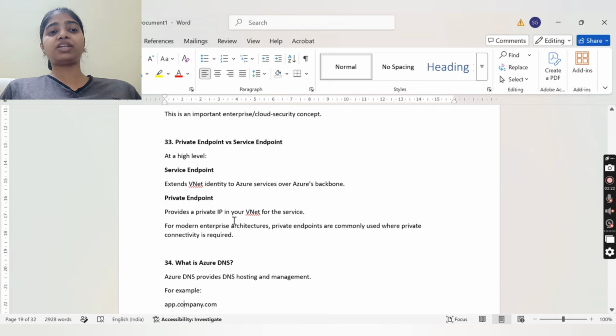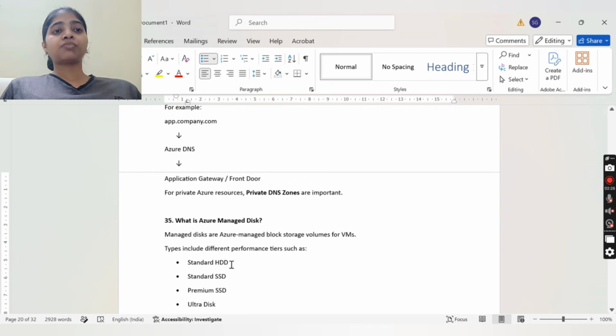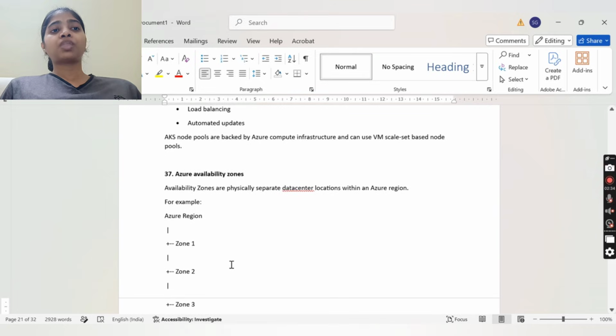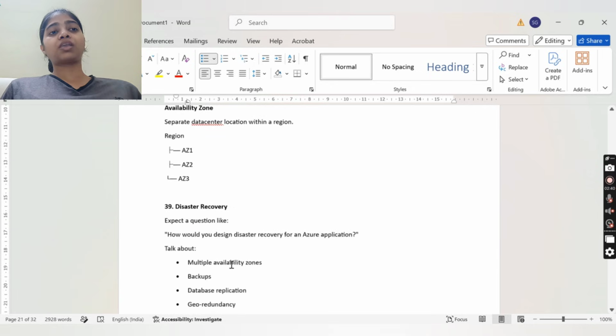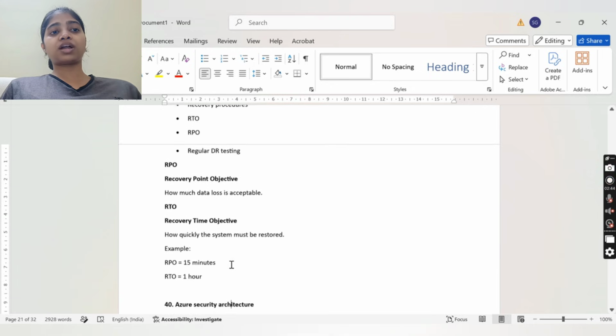What is Azure DNS? It's managing the DNS. What are VM scale sets, what are Azure availability zones, what is region versus availability zones, what is disaster recovery, and what is Azure security architecture.